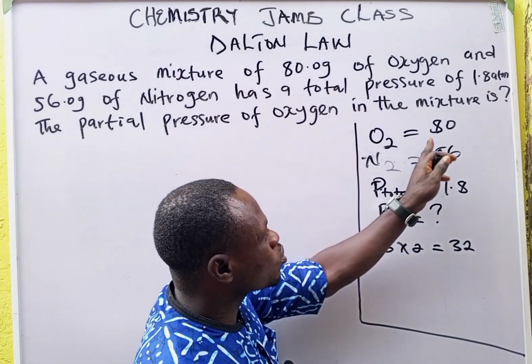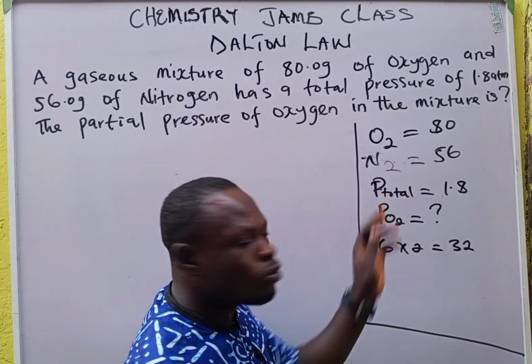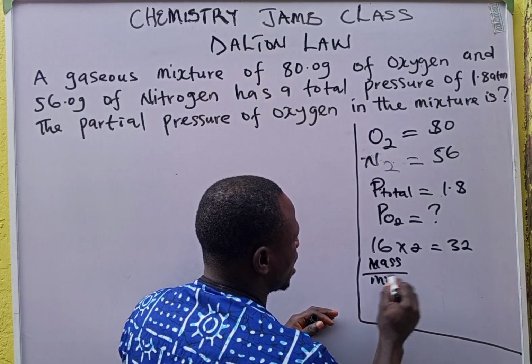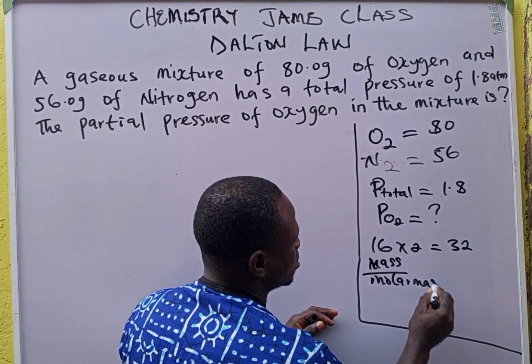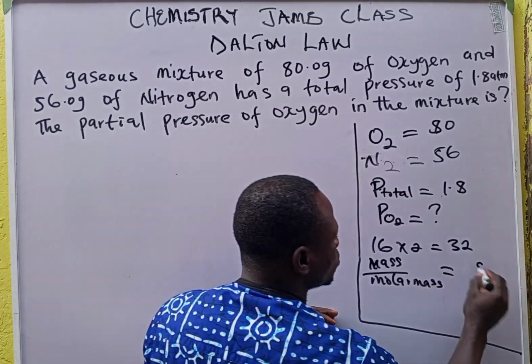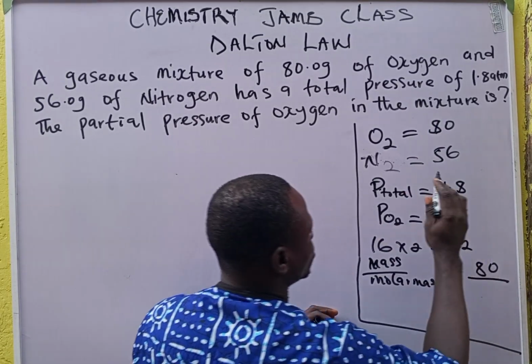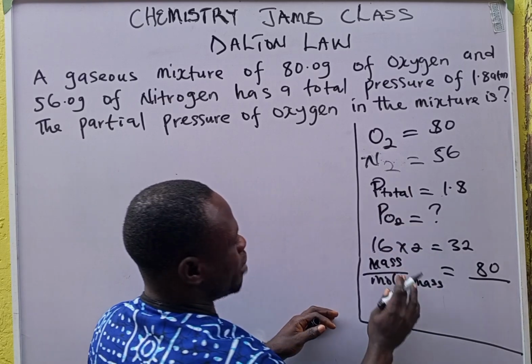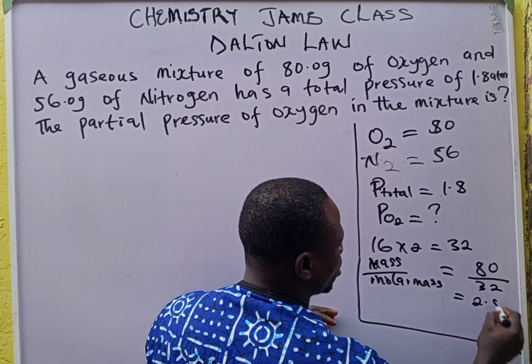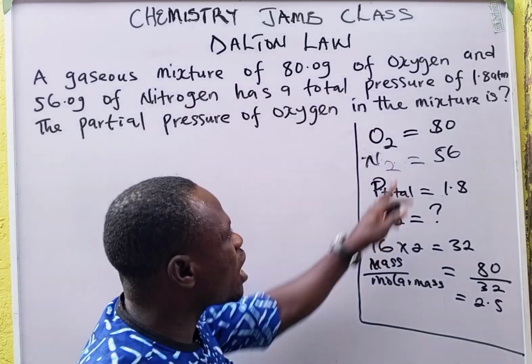Now, converting this gram to moles, we have mass over molar mass. Mass is given as 80, so 80 divided by the molar mass, which is 32. The answer is 2.5.